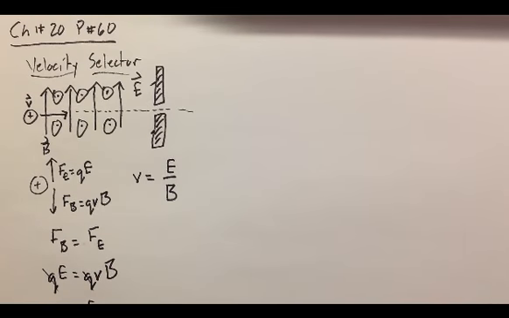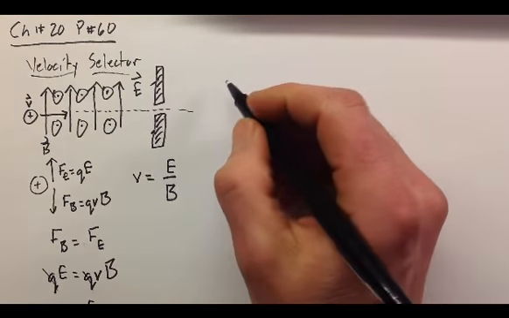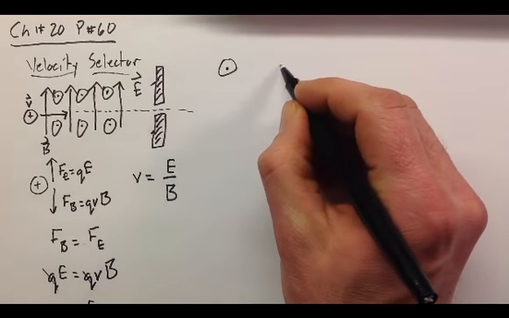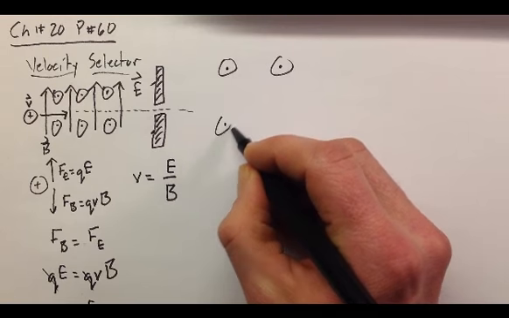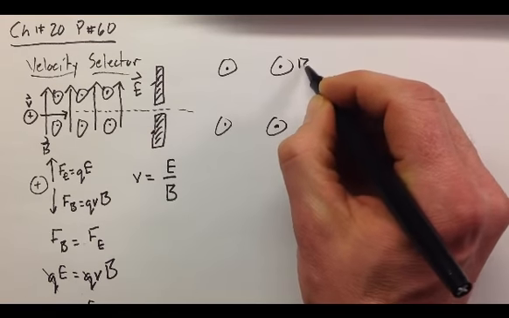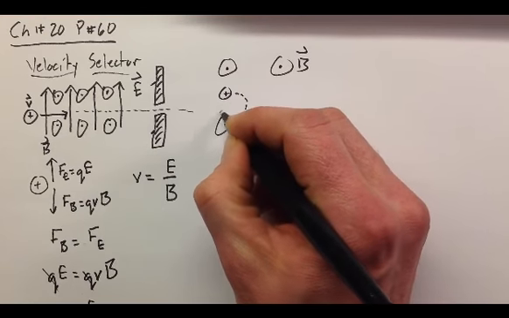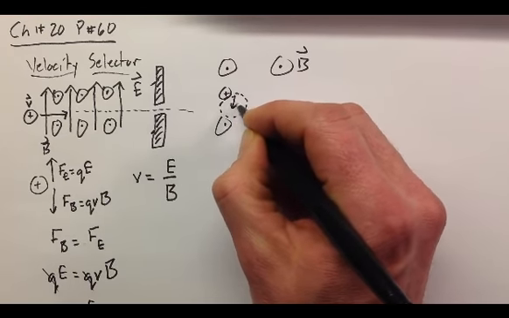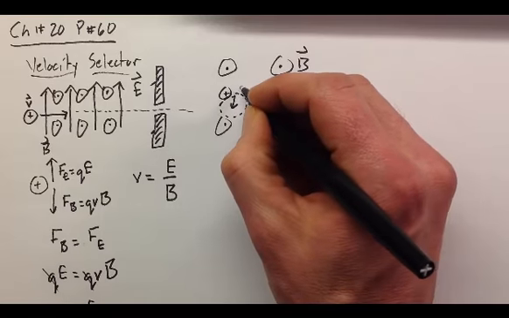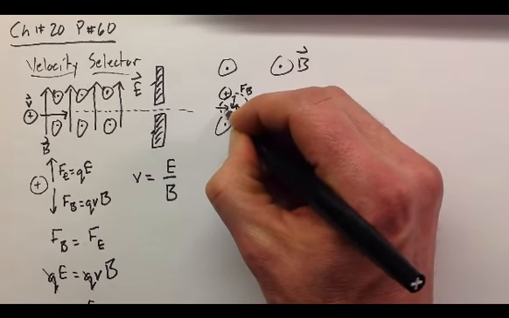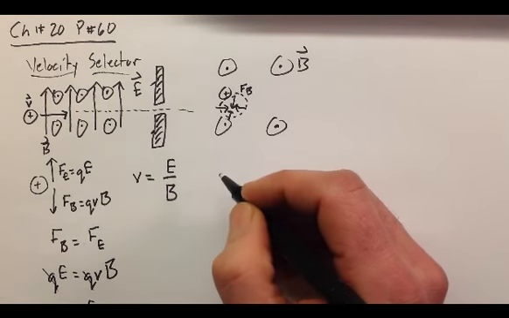All right. Now this is going to help us in problem number 60, because in problem number 60 we're told that a particle is in a region that has a magnetic field, coming out of the page, let's say, and this particle is moving in a circle, right? Because the force due to the magnetic field is pointing towards the center of the circle, okay?